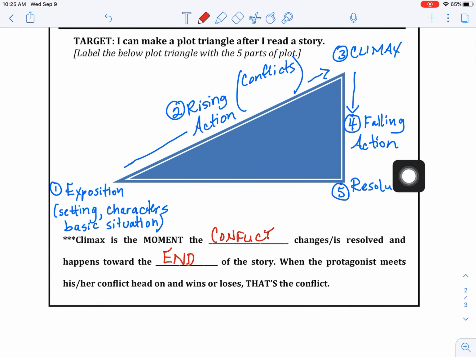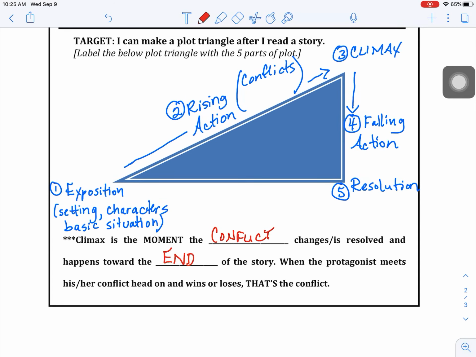You might only have a paragraph or two after your climax. Sometimes you only have a sentence or two. Because remember, your entire story is building up to this moment. When does the conflict get resolved? That's the moment of your climax. So think of it in Harry Potter terms for my Harry Potter lovers out there.